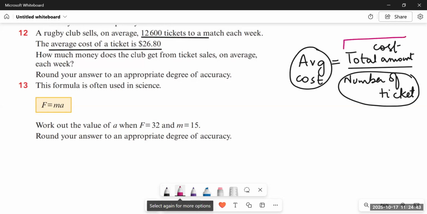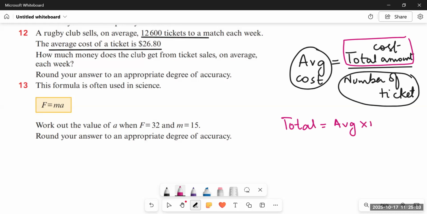We have to calculate the total amount. Always remember, whenever the total amount is to be calculated out of the given average and the number of amounts, we will always have to multiply the average with the number of tickets. So this is the formula that we are supposed to use.